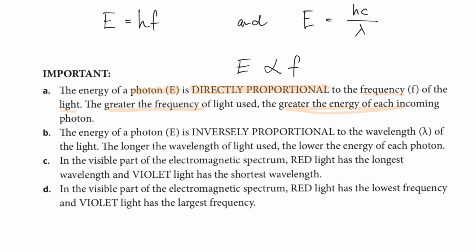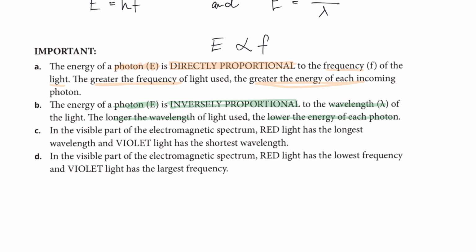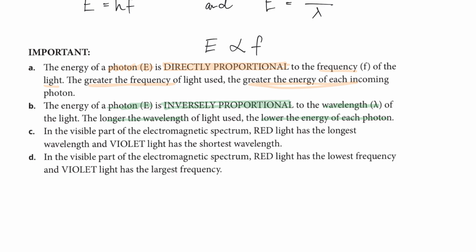The second thing that we look at is that the energy of a photon is inversely proportional to the wavelength. So the longer the wavelength, the lower the energy of the photon. How we write that mathematically is a little bit different. Please make sure that you write these points in your books.